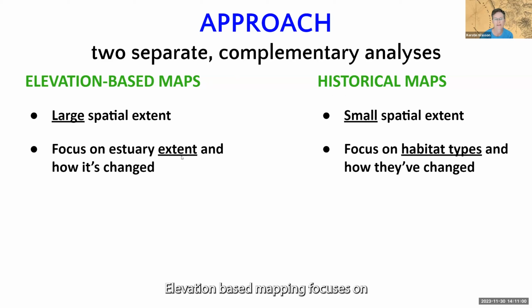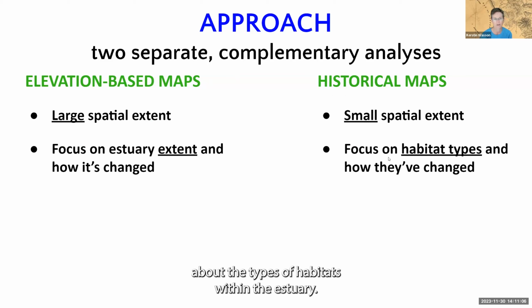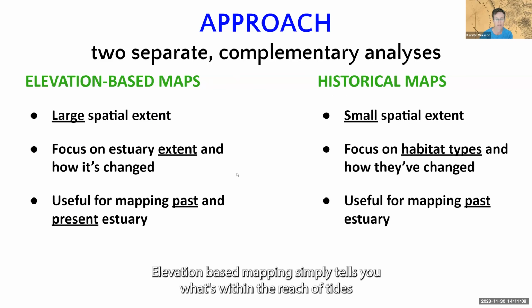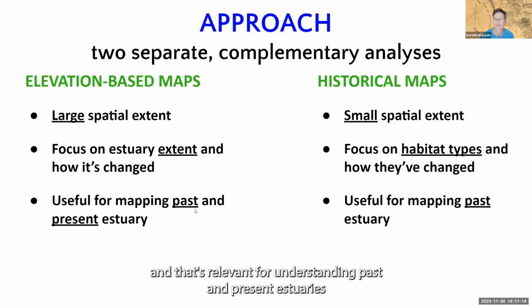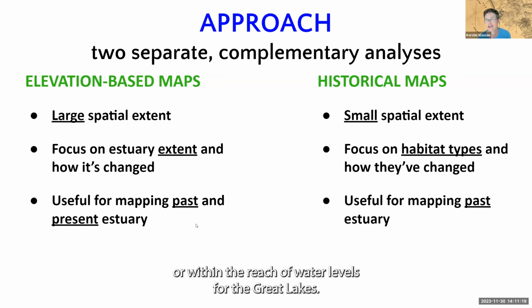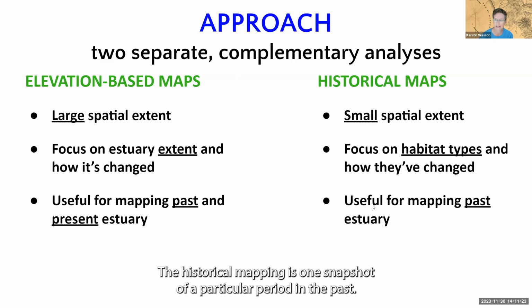Elevation-based mapping focuses on estuary extent, while historical mapping tells you about the types of habitats within the estuary. Elevation-based mapping simply tells you what's within the reach of tides, and that's relevant for understanding past and present estuaries, or within the reach of water levels for the Great Lakes. The historical mapping is one snapshot of a particular period in the past.